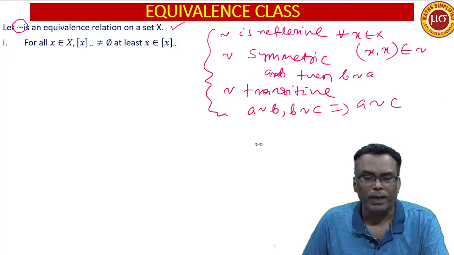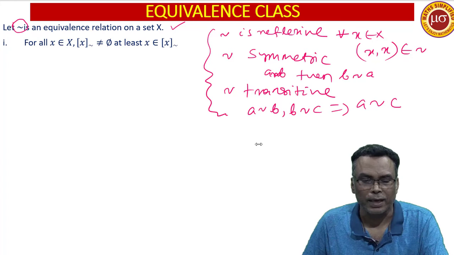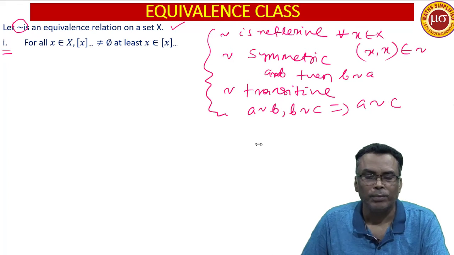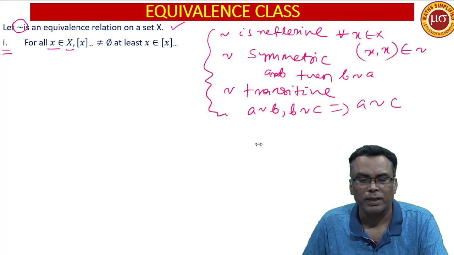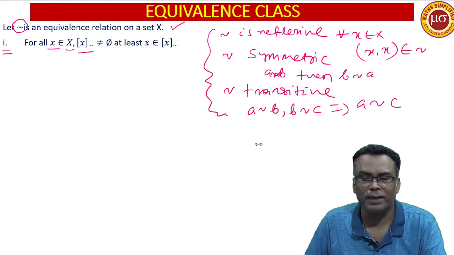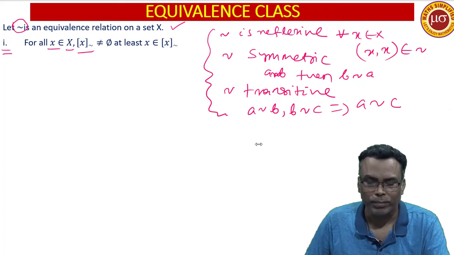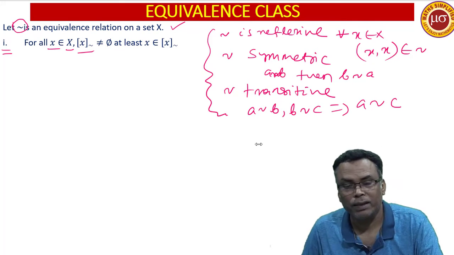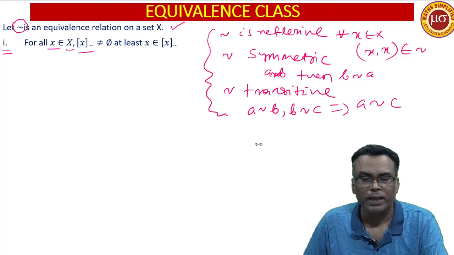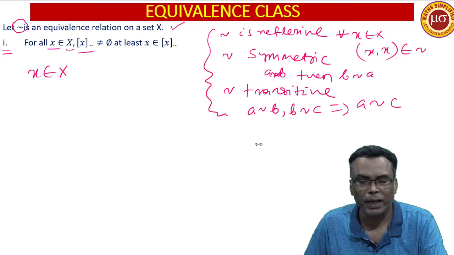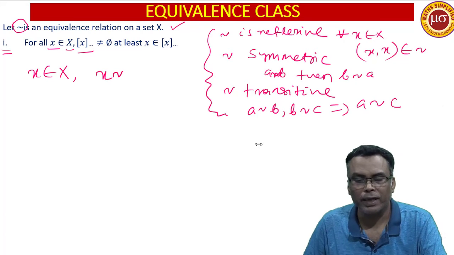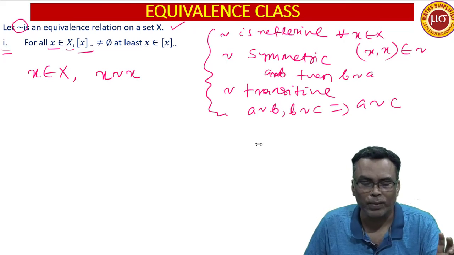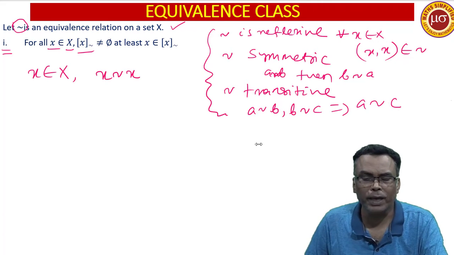Now, the first property of the equivalence class: for every x belonging to X, the equivalence class of x is non-empty. The equivalence class is never phi. Why? Because the relation is reflexive, so x must be related to itself. And what is the meaning of the equivalence class of x?